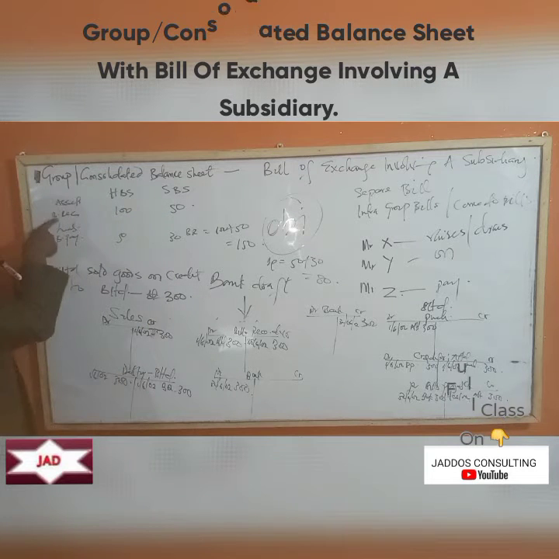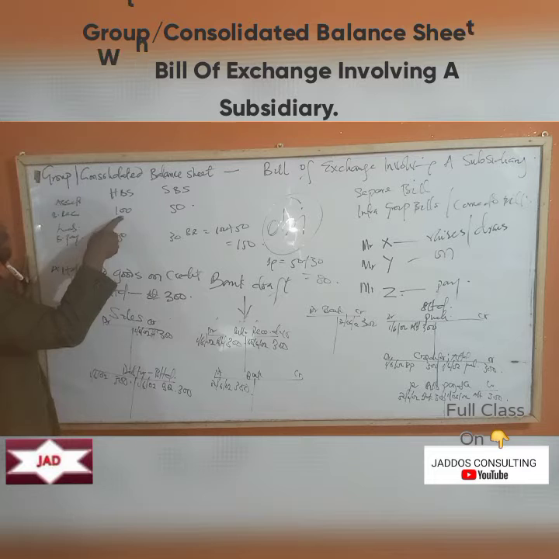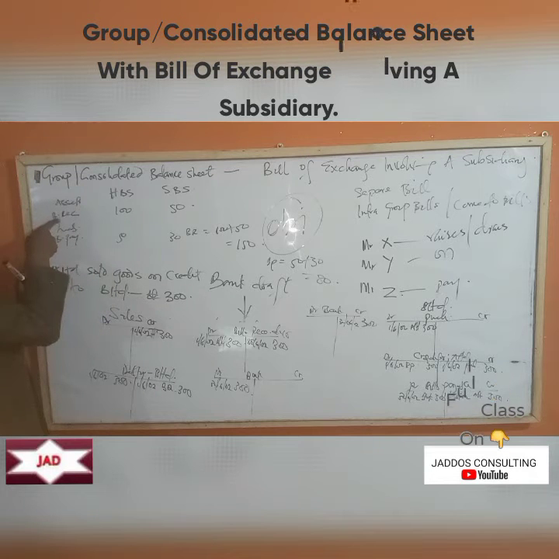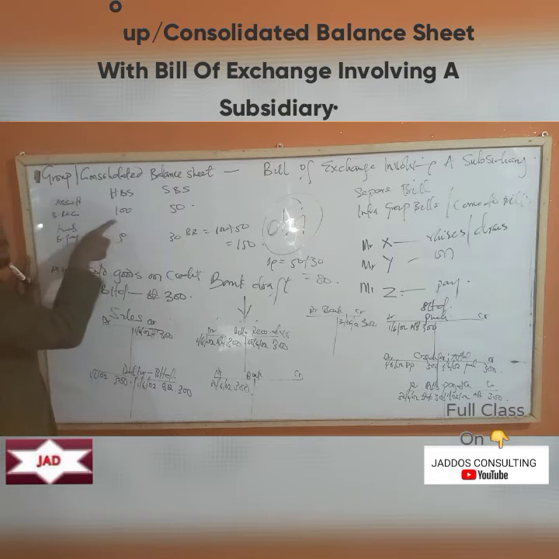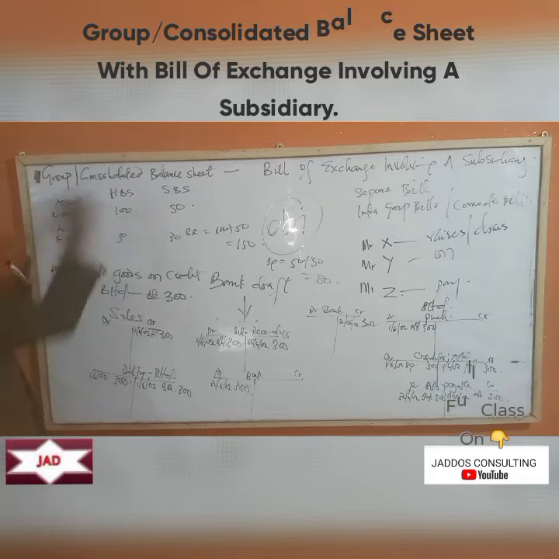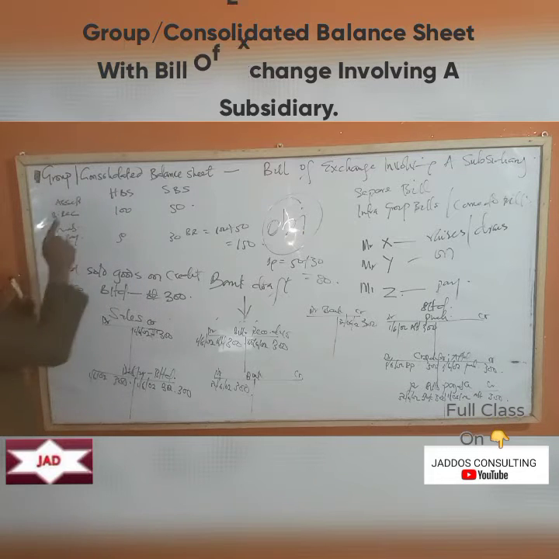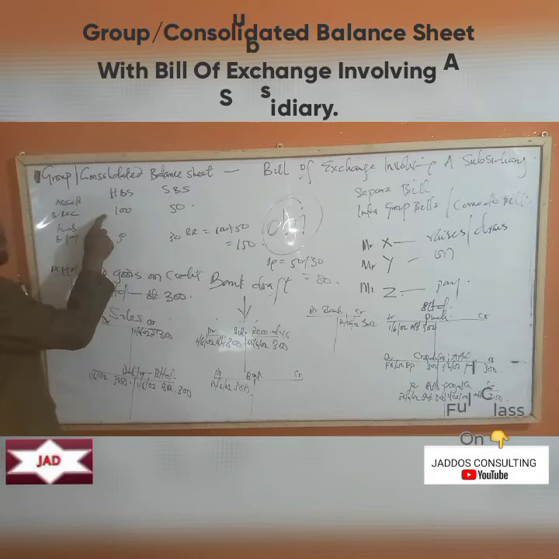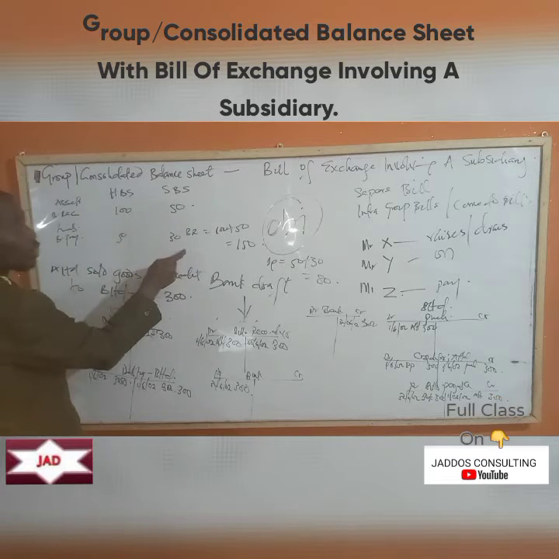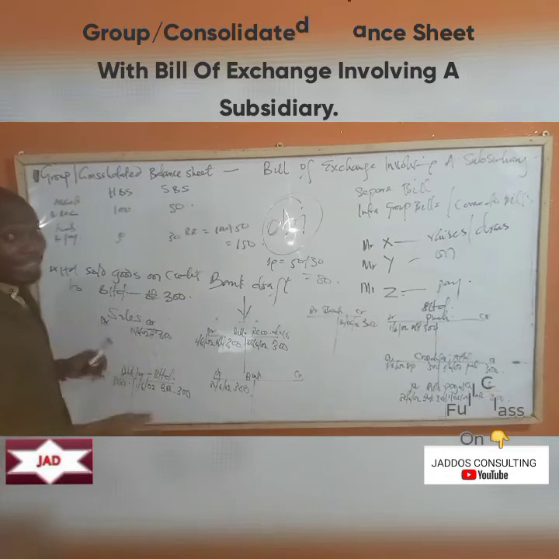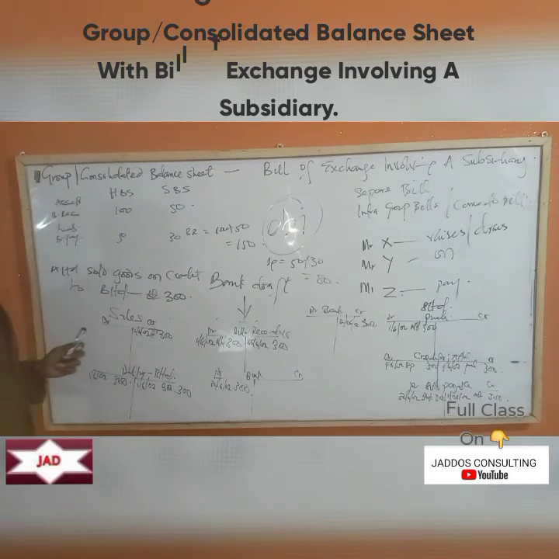Now, let's assume that 20 naira out of this 100 is from the subsidiary. That means the holding company has a connected bill with the subsidiary.